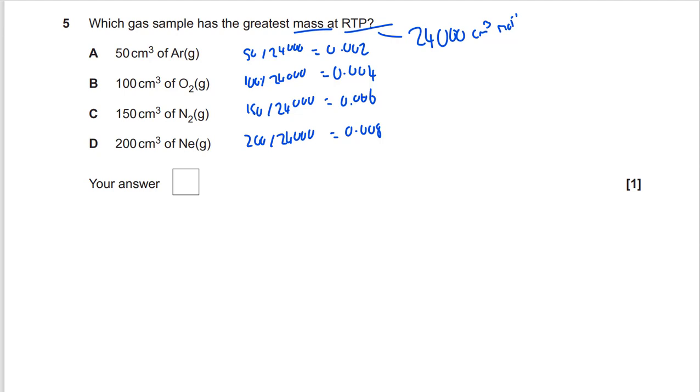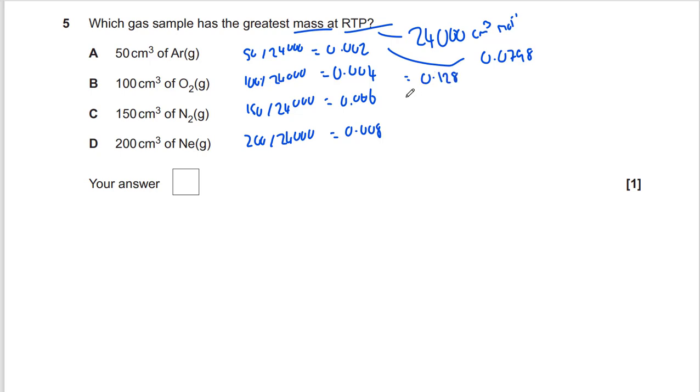So we'll take, I have rounded these numbers, but it's not going to make a difference, I don't think. So argon times 39.9, and we get 0.0798 grams. For oxygen, 0.04 times 32, I get 0.128.